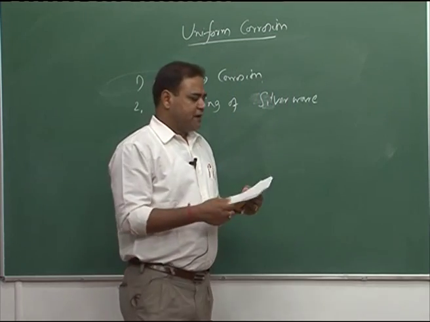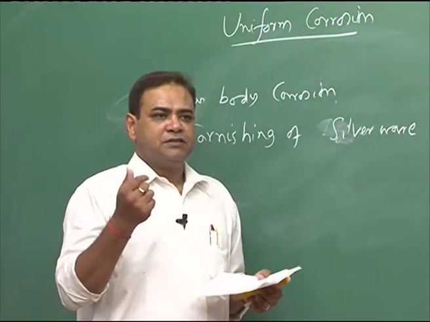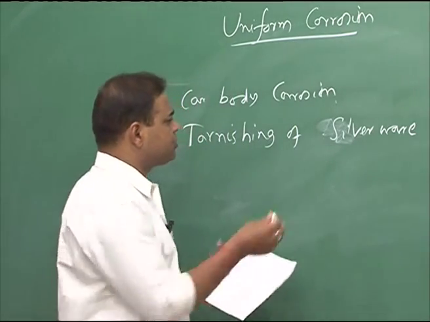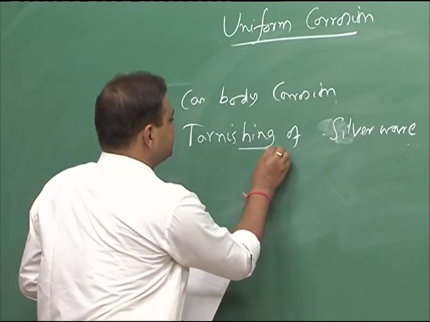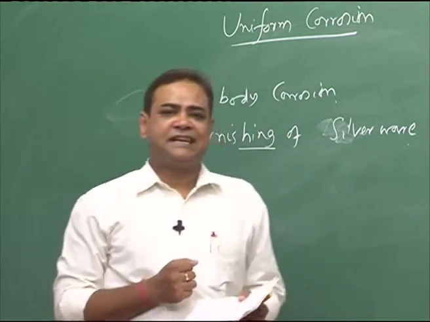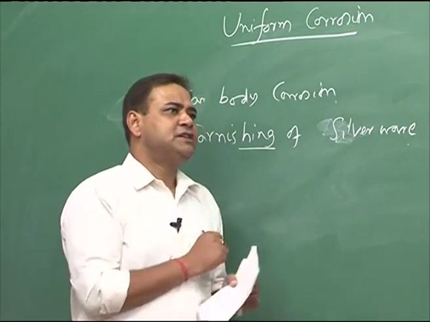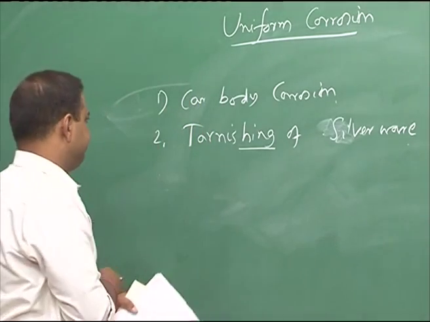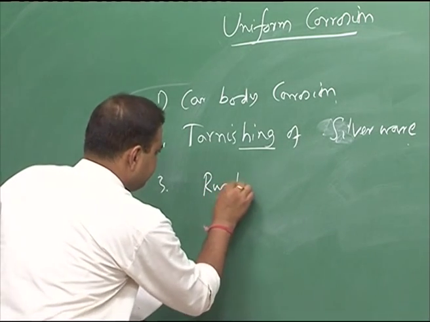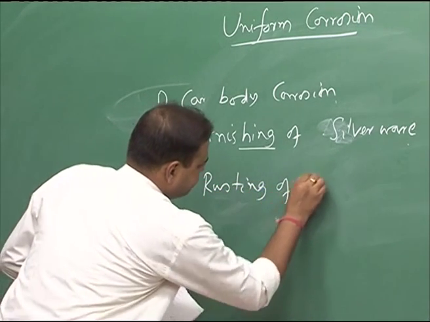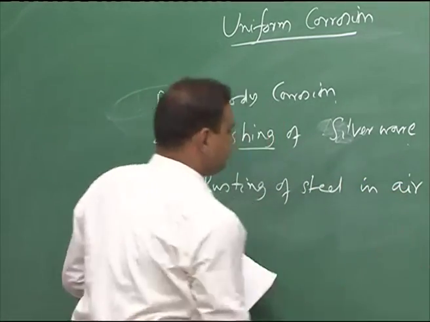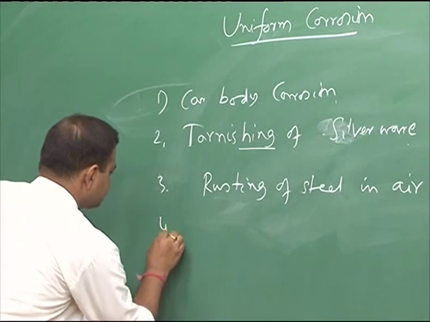This dark black part is, in most cases, Ag2S. That Ag2S can lead to tarnishing, which changes the texture, luster, or shininess of the silverware. Now, there could be other examples, rusting of steel in air, or corrosion of structural steel.